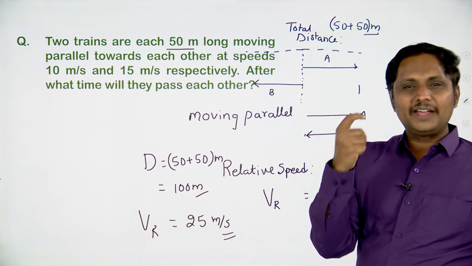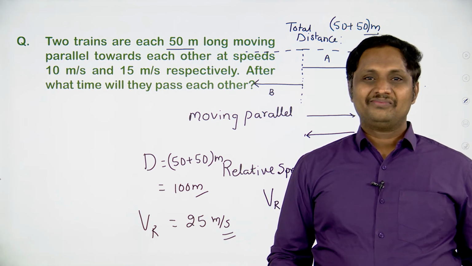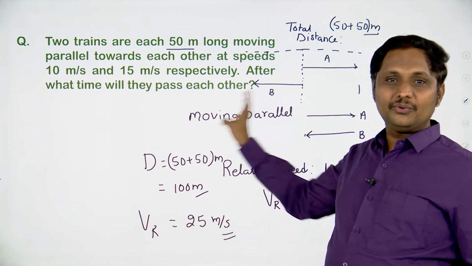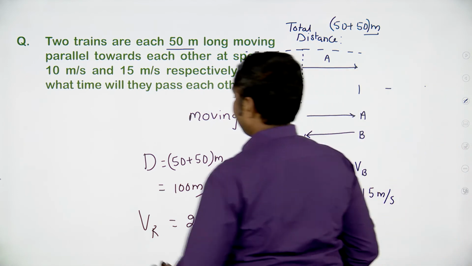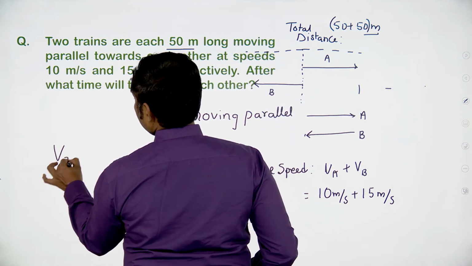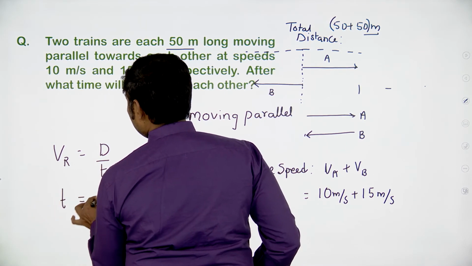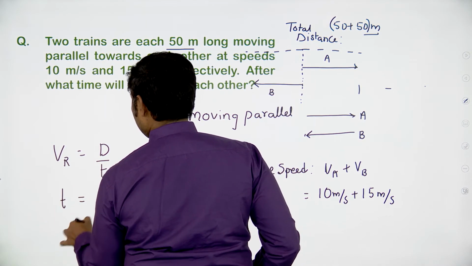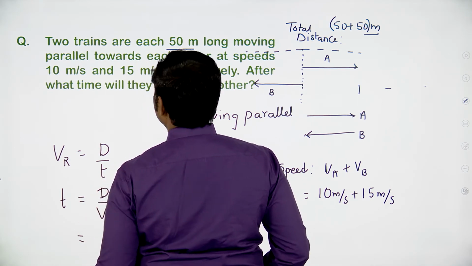Simply, it is the time taken by the train B to travel the 100 meters. Yes or no? At that time only it is going to be considered crossing time. So, VR is equal to D by T. So, T is equal to D by VR. Very simple problem, but it's going to be discussed a lot.